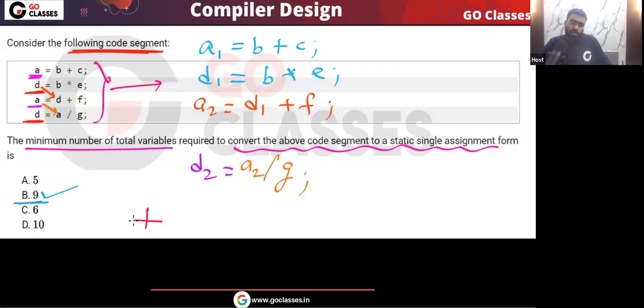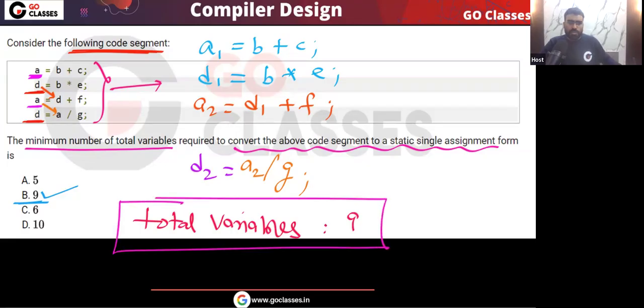And how many temporary variables? See, total variables are 9. In this type of question, they will ask you only total variables. Is this clear? What is the reason?